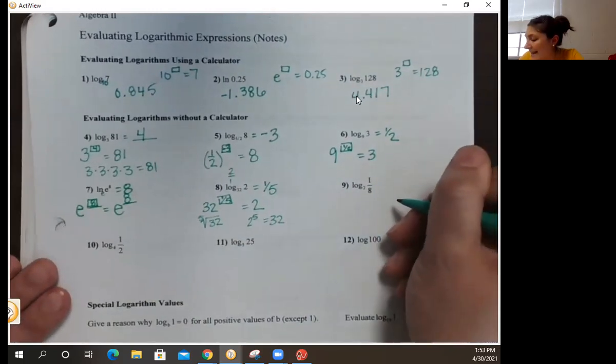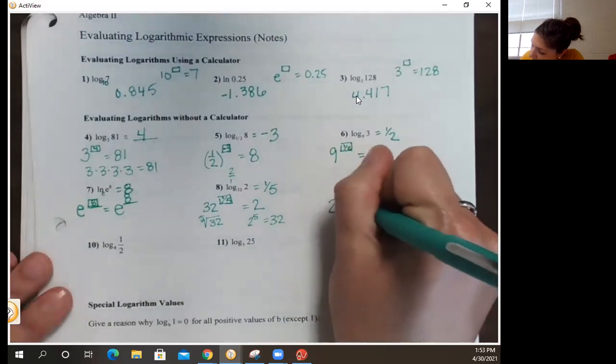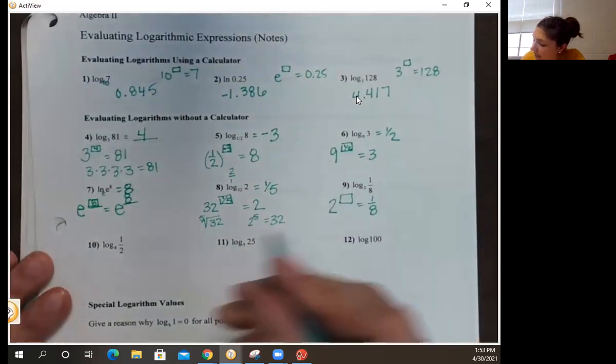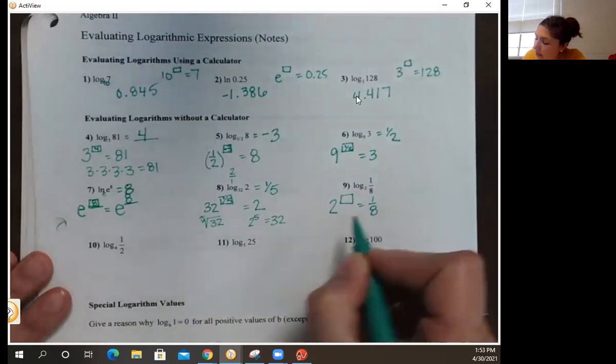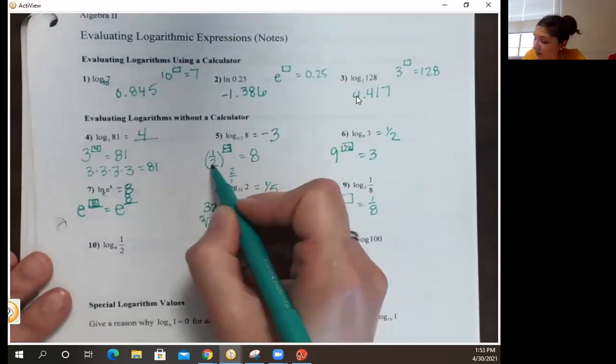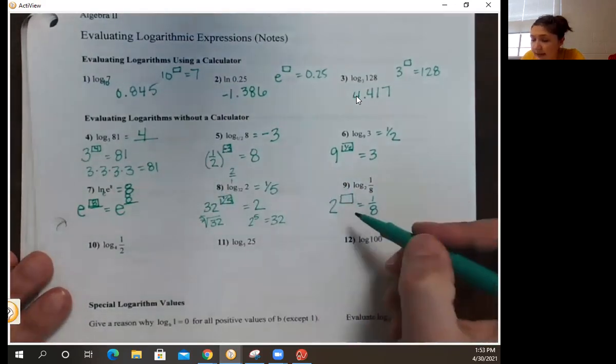For number 9, 2 to what power gives me 1 over 8? I'm starting with a whole number and I'm ending with a fraction. So for number 5, we started with a fraction and ended with a whole number. We said that means we need to flip this. So we needed our exponent to be negative. Same idea here.